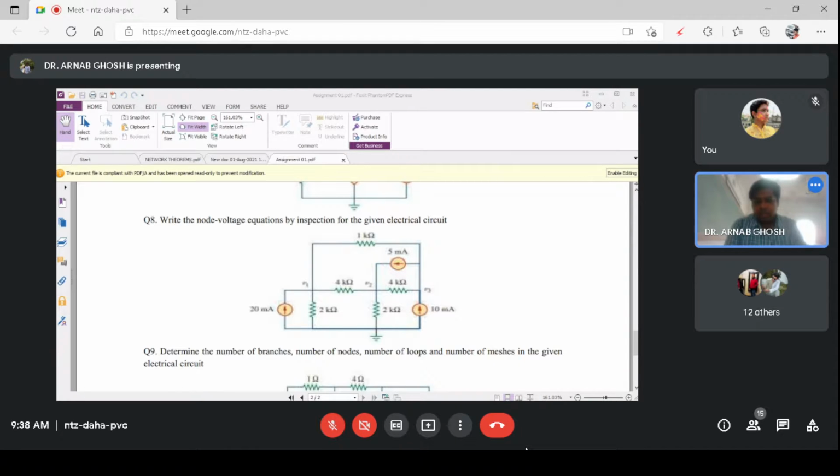No, no. See, if we write it down, V3 minus V2 by 4 plus V3 minus V1 by 1 will be equal to 10 minus 5. That will give you minus V1 minus V2 by 4 plus V3, and that will be equal to.